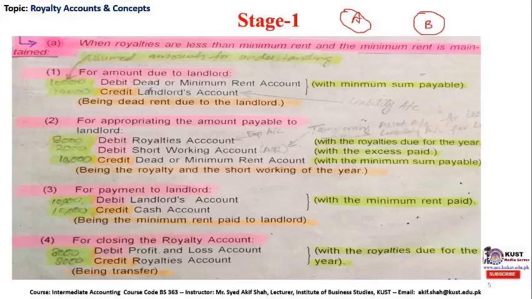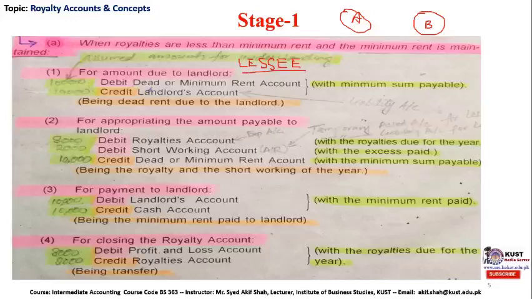Then what could be the different kinds of journal entries? Let's suppose 1 year has been completed, for the amount due to the landlord. How to make this journal entry? You need to debit the dead or minimum rent account, since this is in the books of the lessee. This dead rent account is basically an expense account of the lessee, and when there is an increase in expenses, we generally record it with a debit entry.